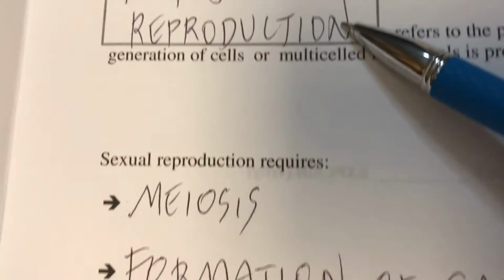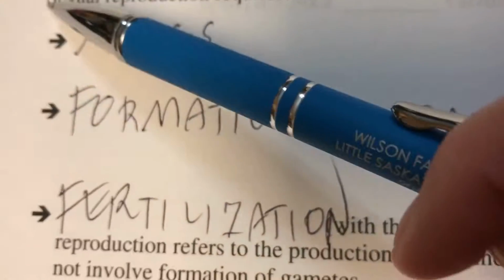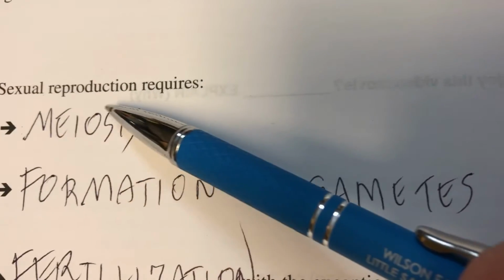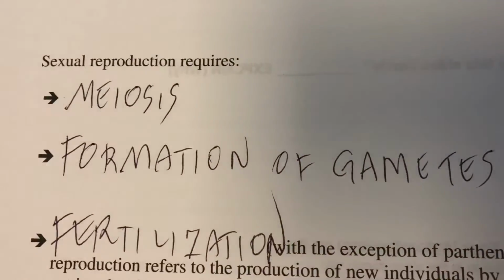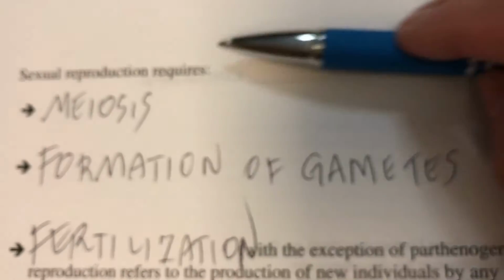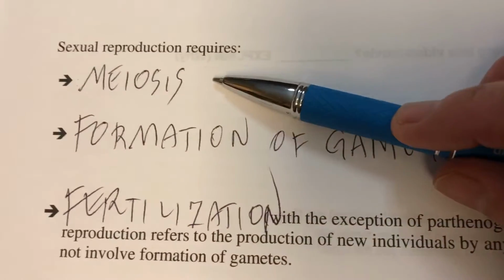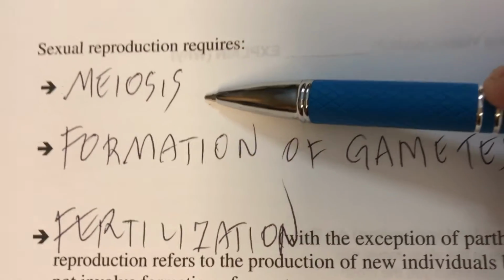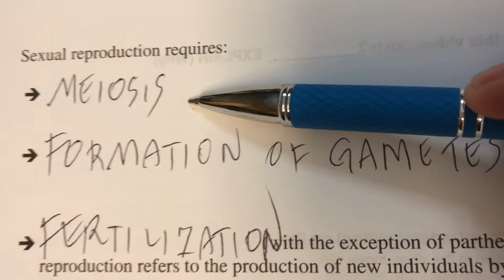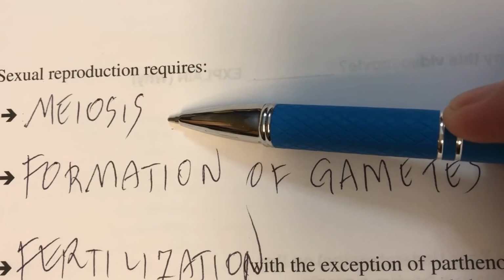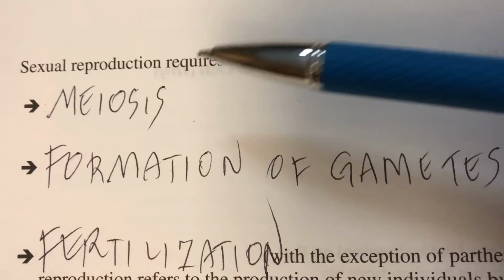Now, on the same page, you get to see 3 arrows here. So it says here, sexual reproduction requires 3 things, okay? That would be 1, meiosis. With Miss K last time, this was already mentioned when she had that side topic on genetics, meiosis.